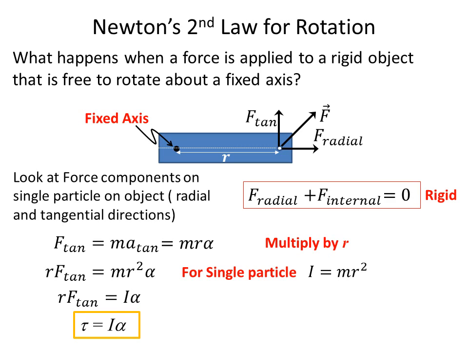Then we can write Newton's second law for rotation as torque is equal to I alpha, where torque plays the role of force, I plays the role of mass, and alpha plays the role of acceleration. We define torque as tau equals the radius times the tangential force, or the distance from the axis of rotation times the tangential force.